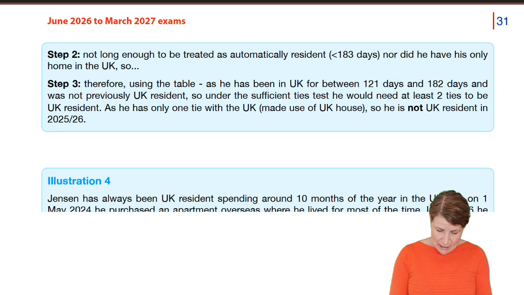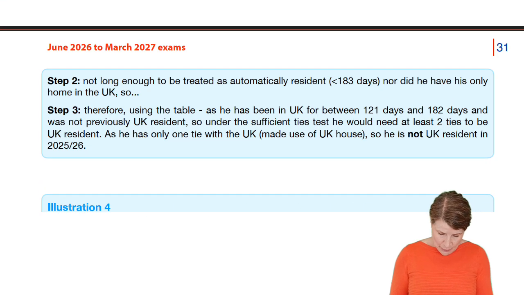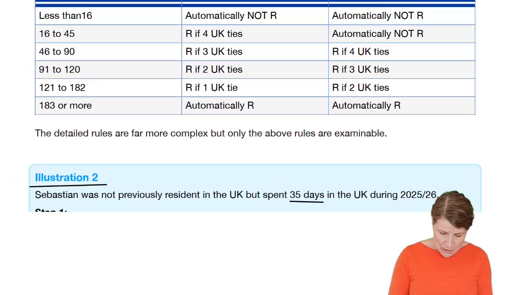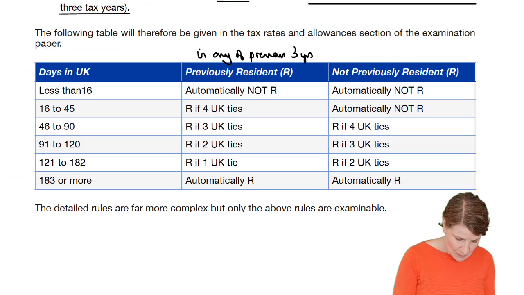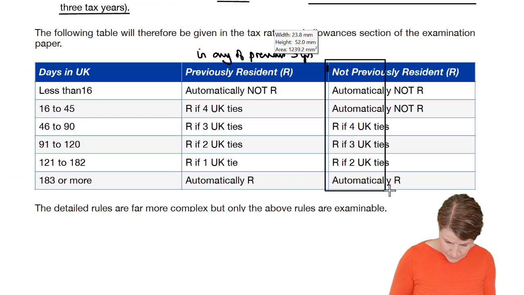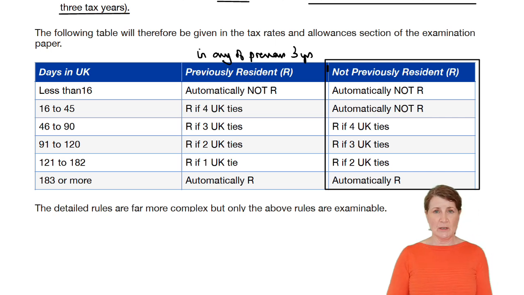So he's been in the UK for 140 days, and he was not previously UK resident, but he does have a tie to the UK because he's got somewhere to stay when he comes over. So looking at the table, we want this bit here. So not previously UK resident.